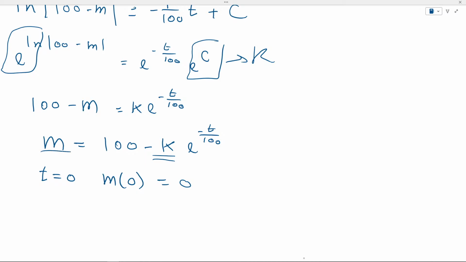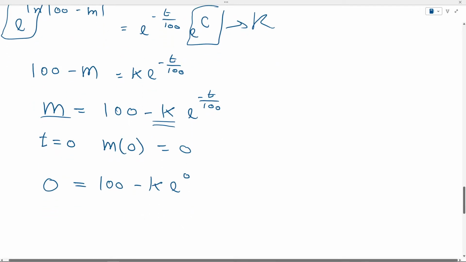So m is equal to 0, that's equal to 100 minus k e to the power 0. Exponential of 0 will give you 1.